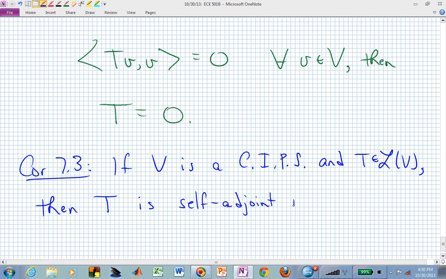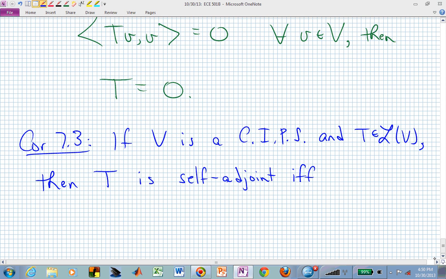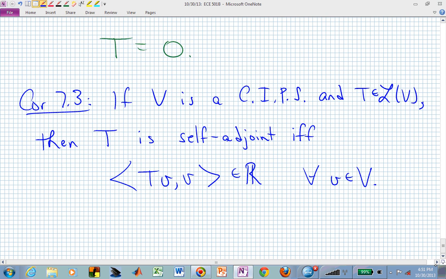Now we have a way of determining that. This linear map is self-adjoint if and only if the inner product of Tv with v is a real number. It's not complex, and that's true for all v in our complex inner product space, capital V.